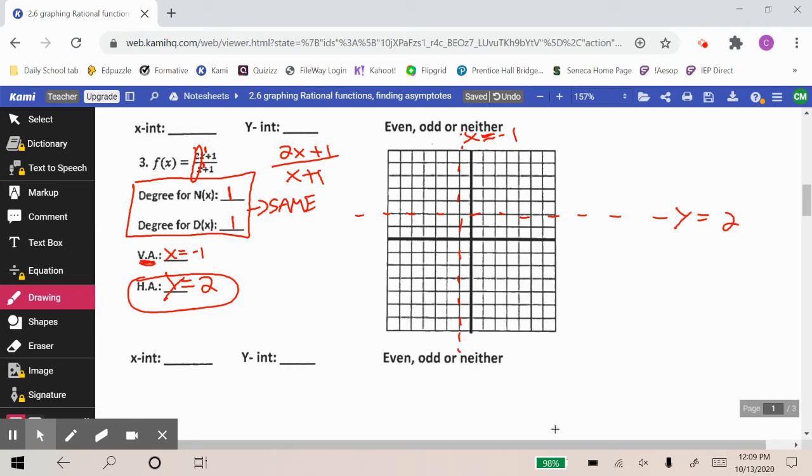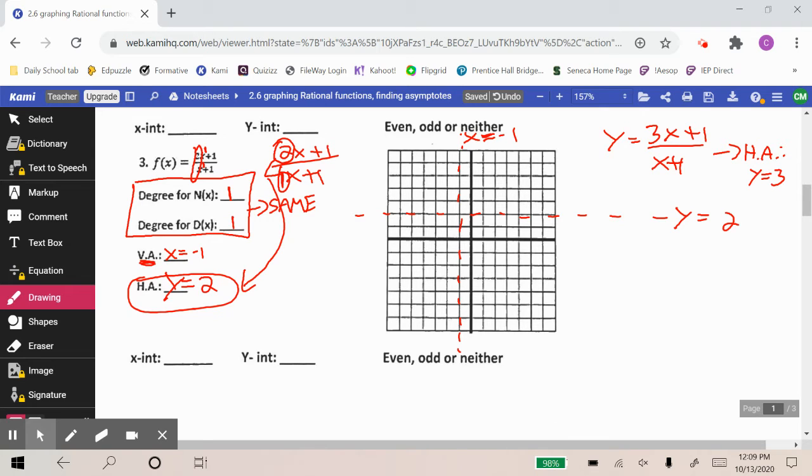The leading coefficient for the top is 2. The leading coefficient for the bottom is 1, because it's 1x. So when I divide these, we get 2. If I were to change this problem to y equals 3x plus 1 over x plus 1, then the HA would be y equals 3.